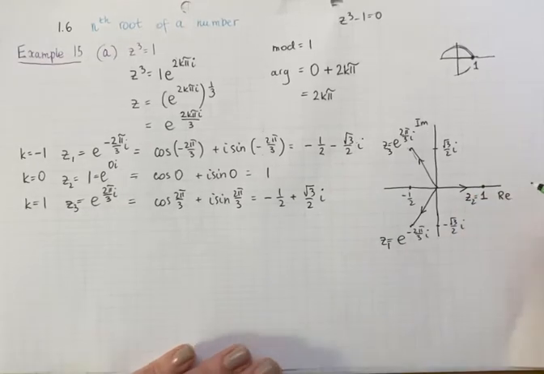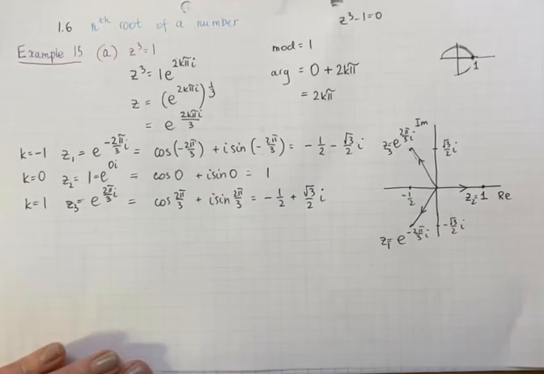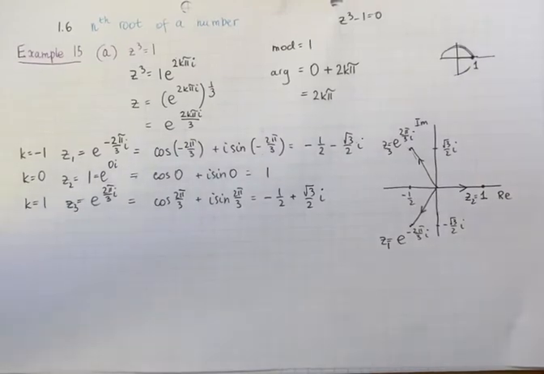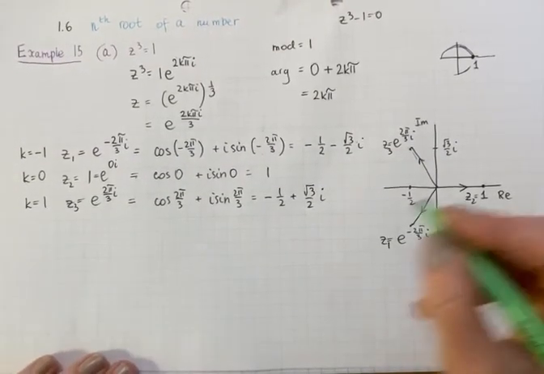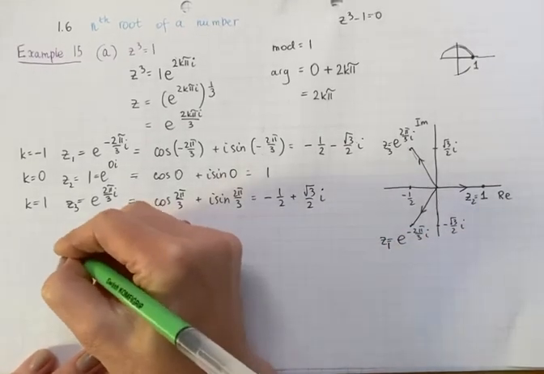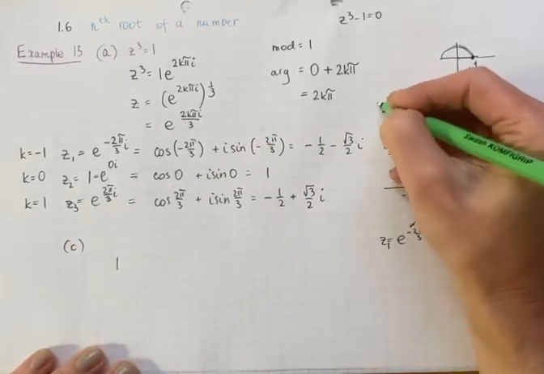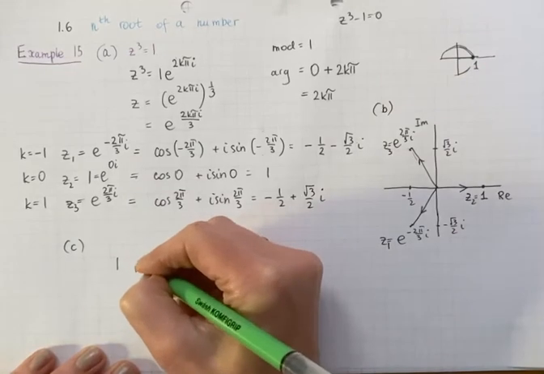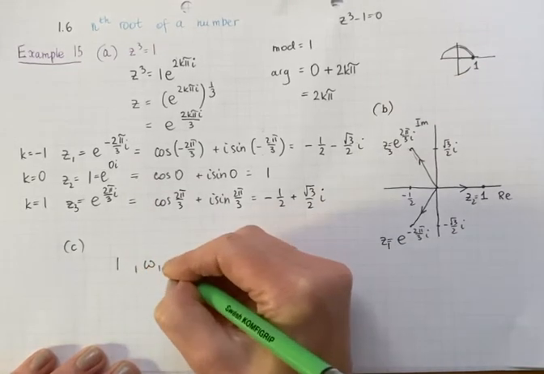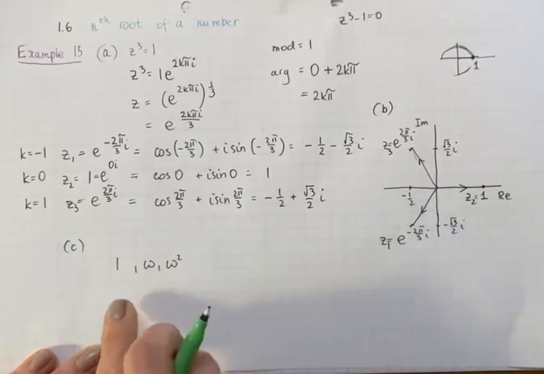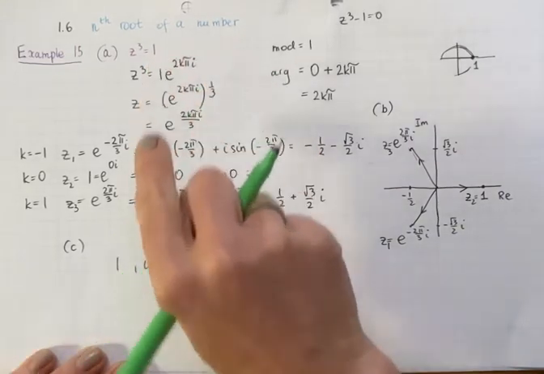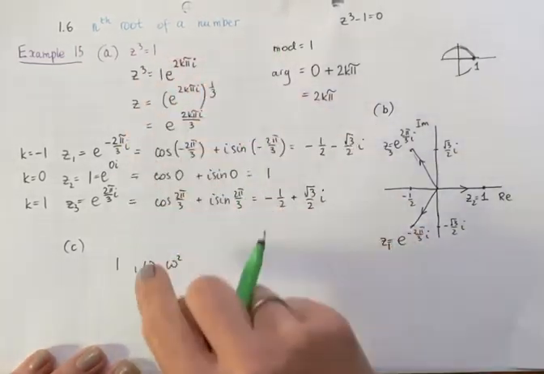Let's do it. Right. So finally, it says, show that the 3 cube roots of 1 can be written as 1, omega and omega squared. So this is part C. This was part B. In fact, the roots of 1 are called the roots of unity.